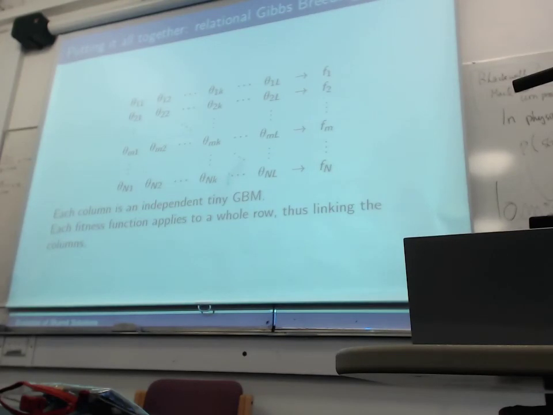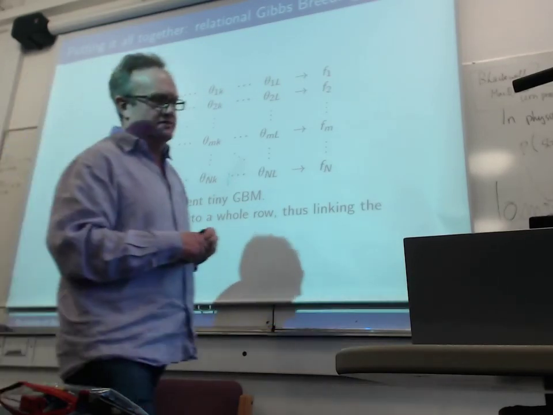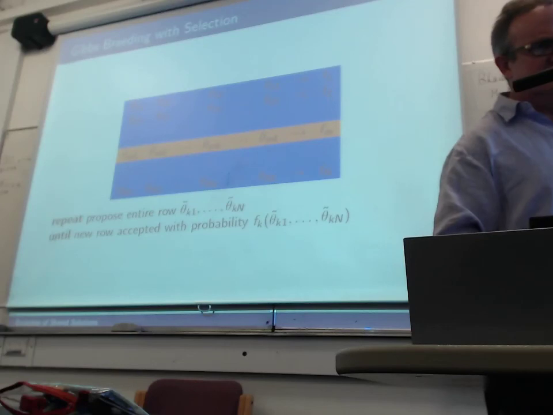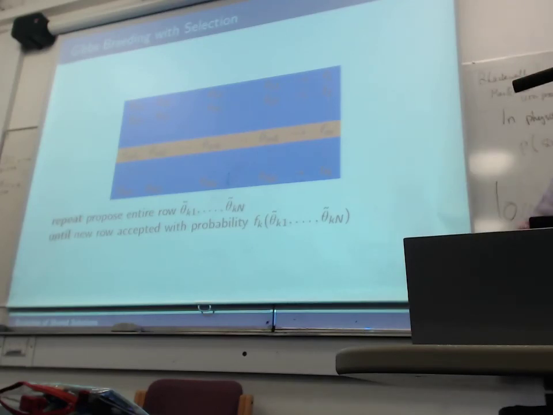So that we're thinking of it as a set of different tiny genetic algorithms linked by one fitness function. So that's the Gibbs breeding with selection.